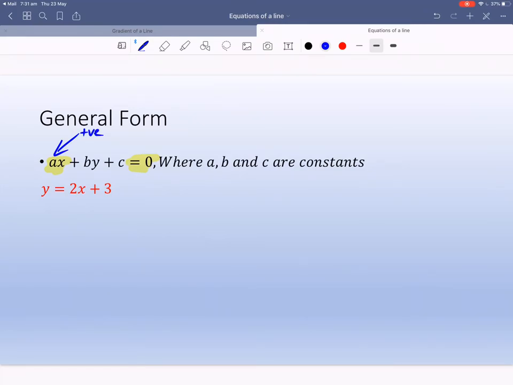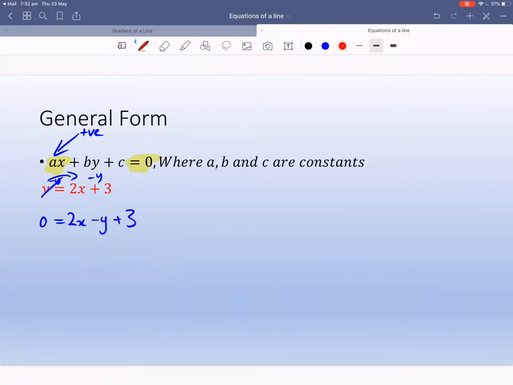That's normally the standard that we use. So I'm going to move that y to the other side, so minus y in here. Therefore I'm left with nothing on the left-hand side, and nothing represented mathematically is 0. And then we've got 2x minus y plus 3. So that is in general form.